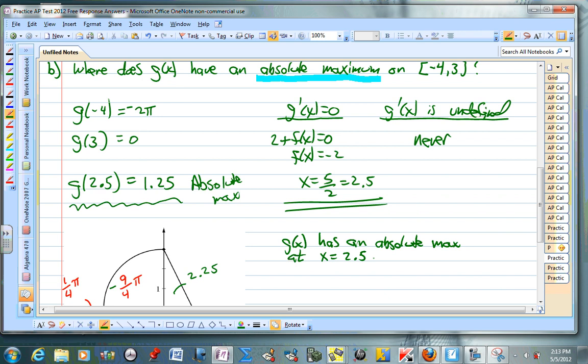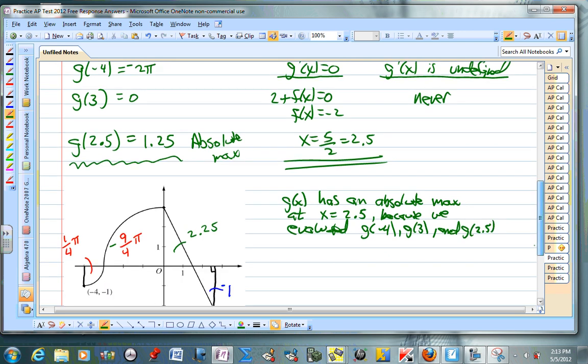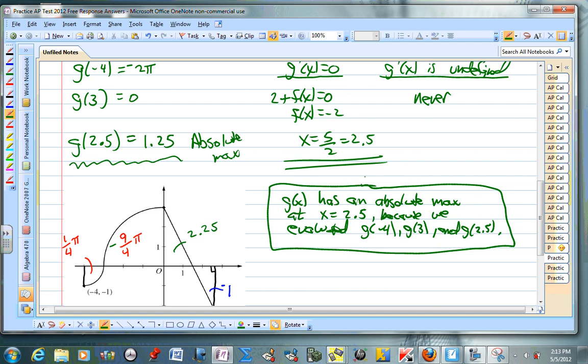Well, because we evaluated g of x at the endpoints and at the critical number, and we found that the maximum value was at x equals 2.5. There are other ways you can explain this using the graph. So if you want to discuss this, come on in and we'll discuss it in person. Thanks for watching the video.